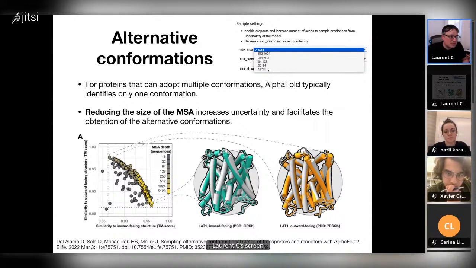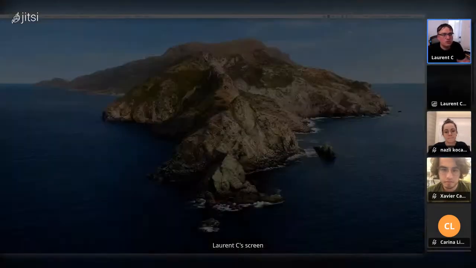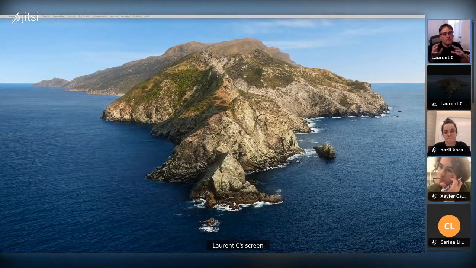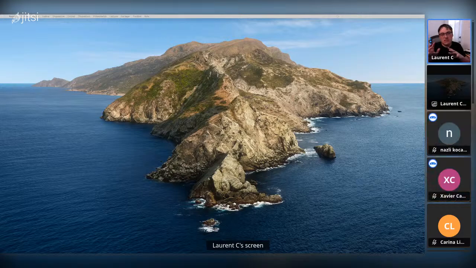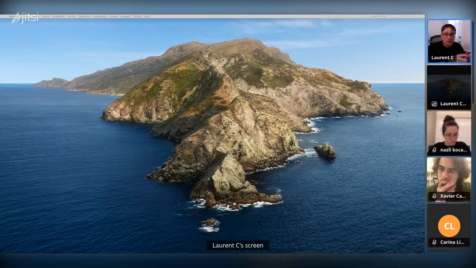Whereas if you only select a few sequences, you will generate more conformations, and there you were able to explore more conformations of your protein. So people tend to use a combination of both generating a larger diversity of models and performing molecular dynamics or normal mode analysis on the protein just to assess the landscape of configuration and dynamics.